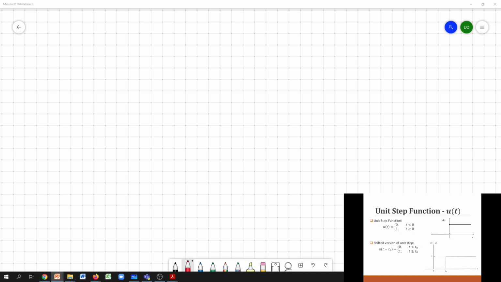Okay, next we look into the use of unit step functions. So up to now we basically discussed two sets of categories. One is circuits with sources, and the other one is circuits without sources.